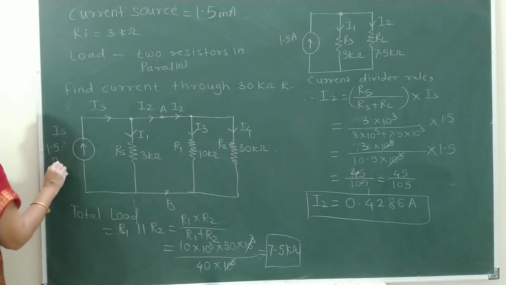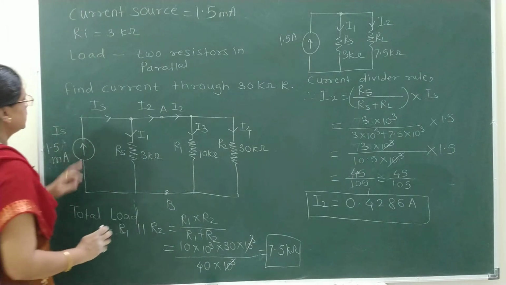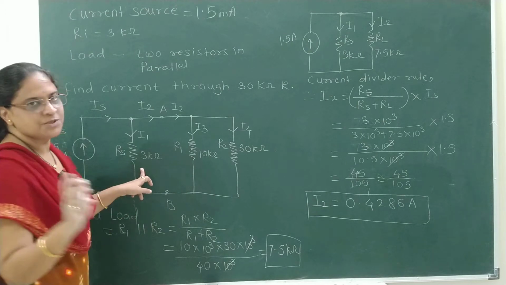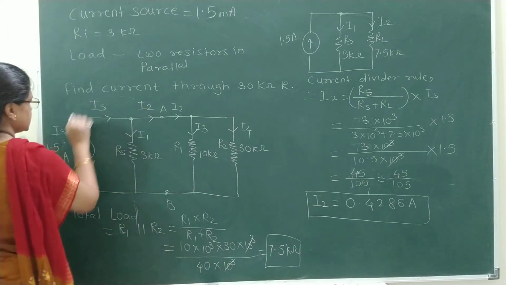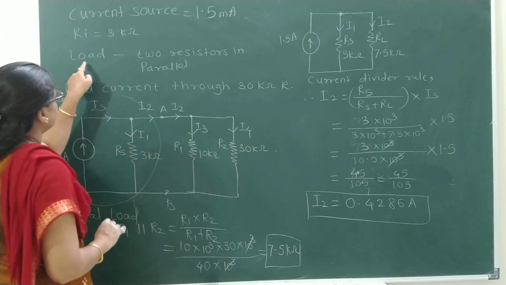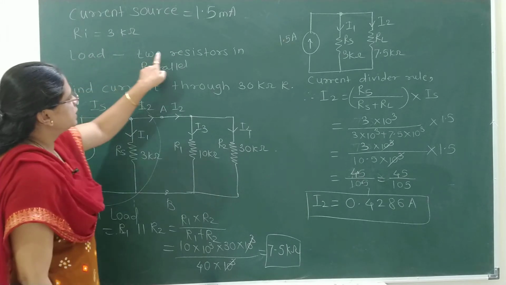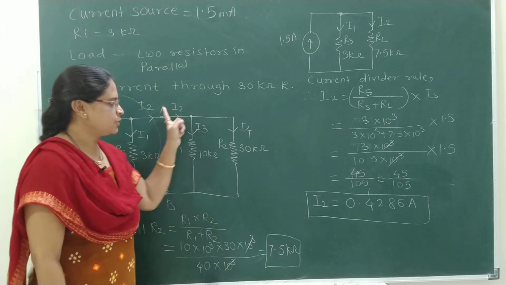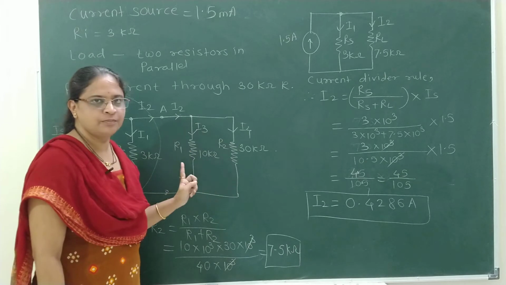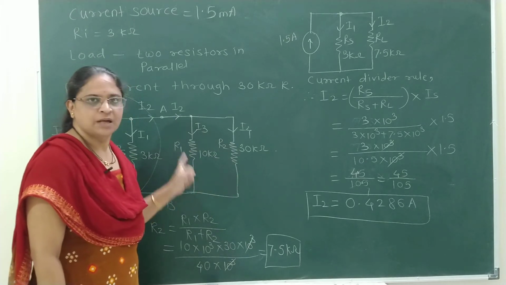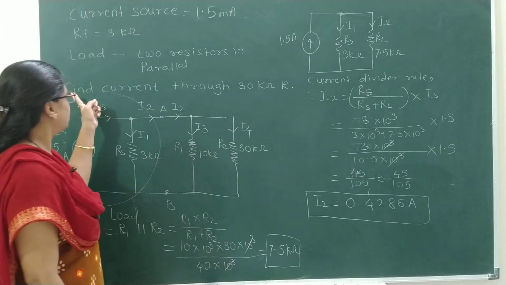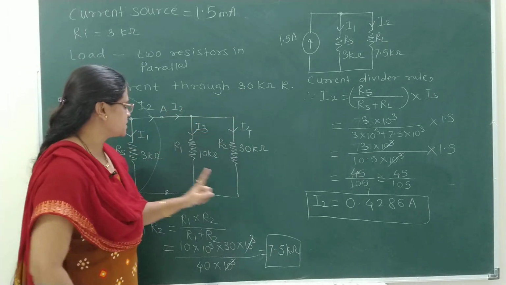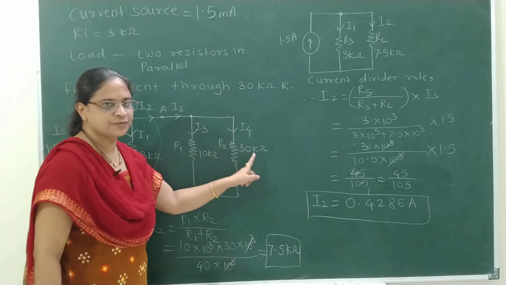So here it is a 1.5 milliampere current source, with internal resistance which comes in parallel. Up to this is the current source. Across it a load is connected which contains two resistors in parallel to each other. So R1, R2 form the parallel branch as the effective load resistance. Find the current through the 30 kilo ohm resistor. So R1 is 10K, R2 is 30 kilo ohm.